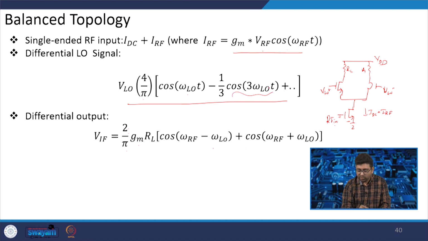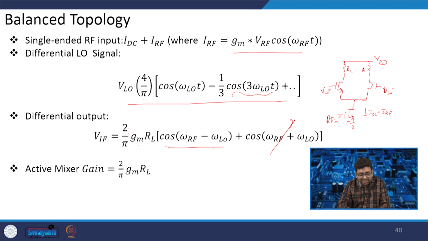If you consider 3 omega_LO, it is 3 omega_LO and there are multiple components, but we consider them filtered out. So you will get cos(omega_RF minus omega_LO)t, and if you filter out this as well, your conversion gain.